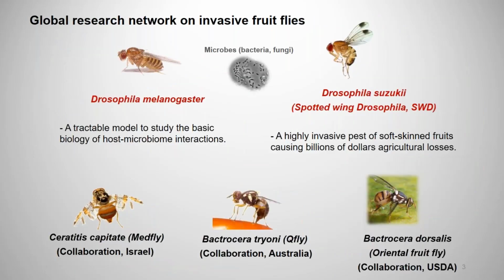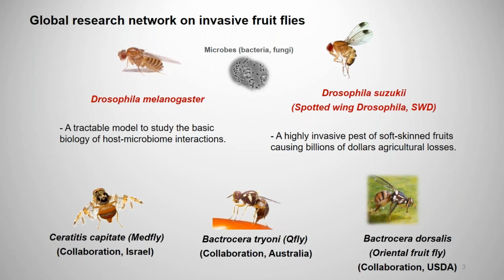So my program focuses on fruit flies, and I can tell you that even though currently I'm working in an entomology department, trying to do some more applied work looking at fruit fly microbiomes, I wasn't trained with that background. I started off as a basic scientist studying the microbiome in Drosophila melanogaster, which is a great model system to understand host microbiome interactions.